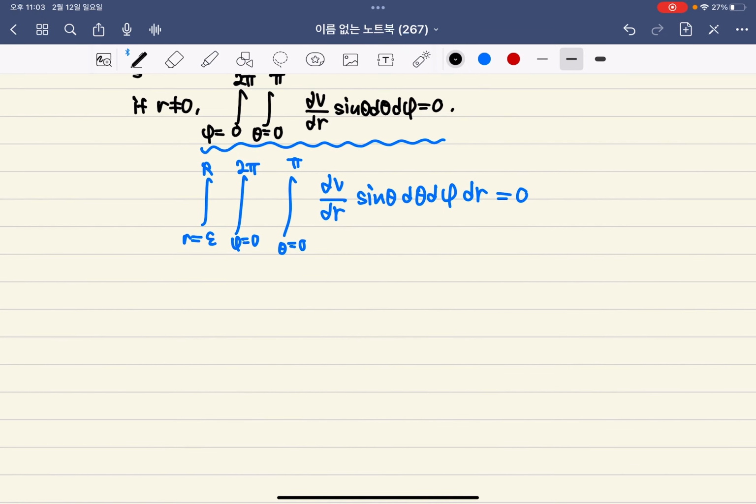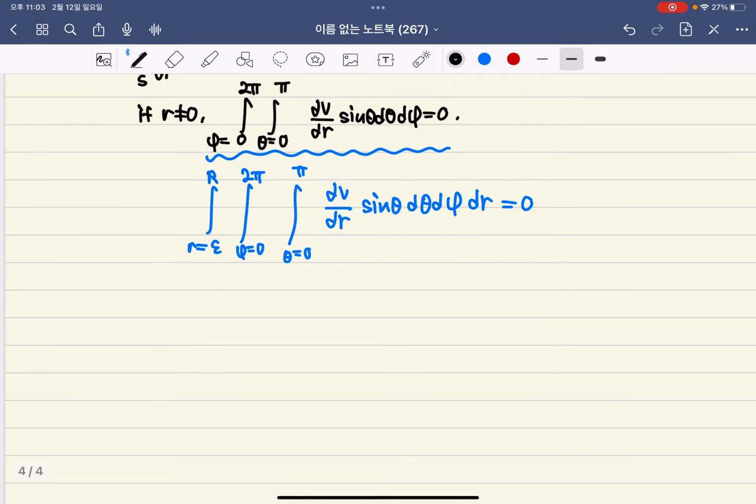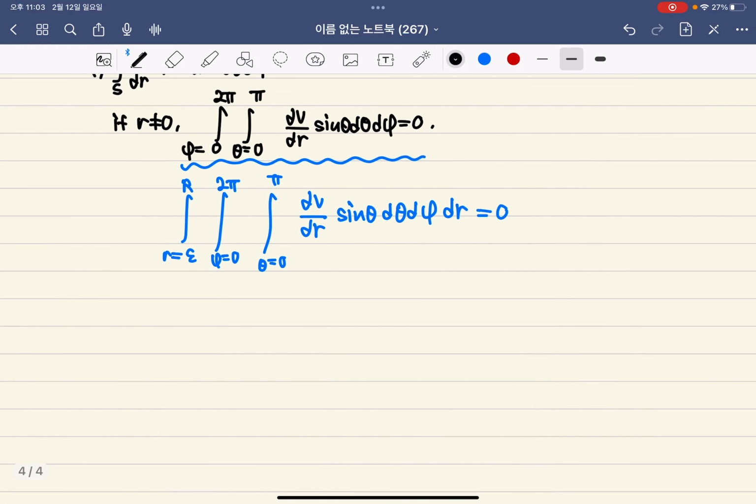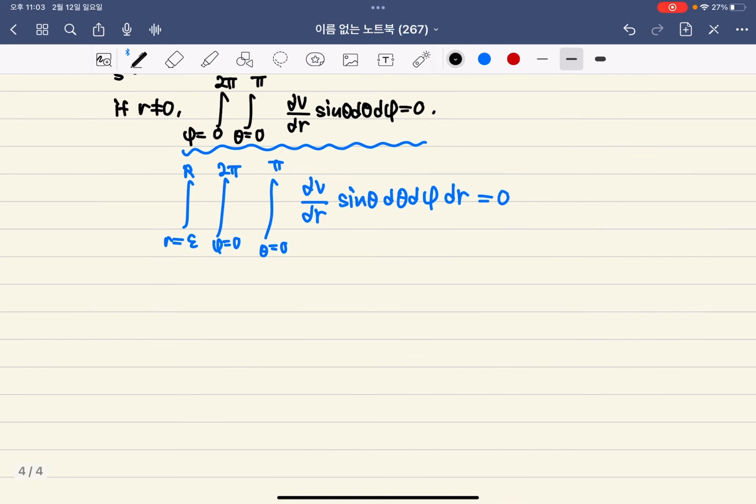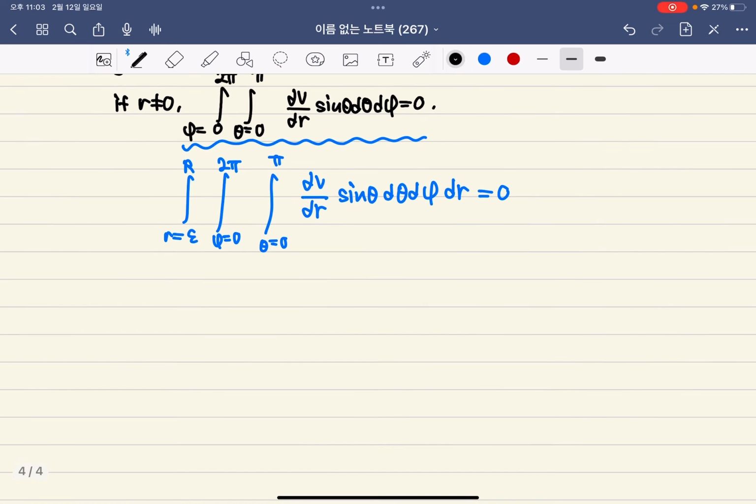And if we change these dr and d theta, we can write it in this form.